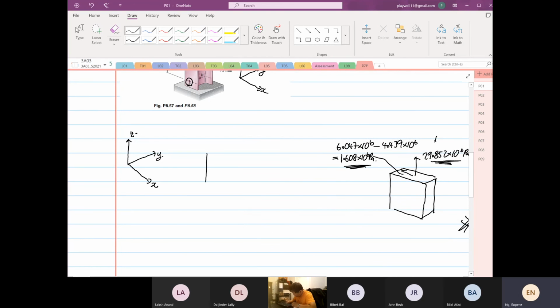Let me draw up the element. We are working on element A.